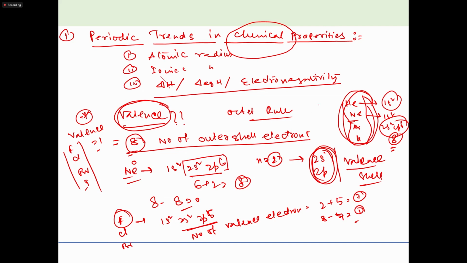Similarly, if we talk about the nitrogen case, the electronic configuration equals 1s2, 2s2, and 2p3. So this is the valence shell.